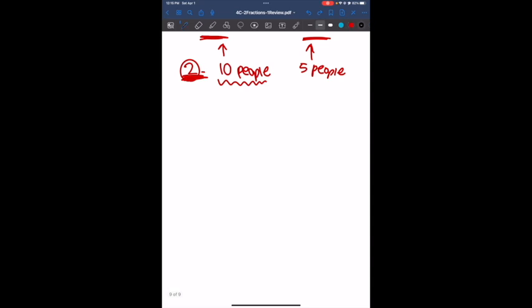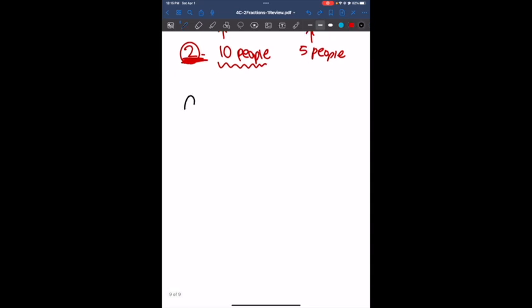But what happens if it's the opposite? What happens when the numerator, the number on top, is the same, but the denominator is different? Let's say that B is greater than D. In this case, the fraction with the smaller denominator is going to be larger.